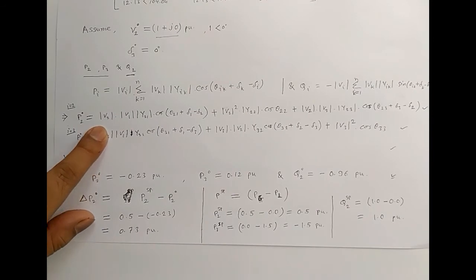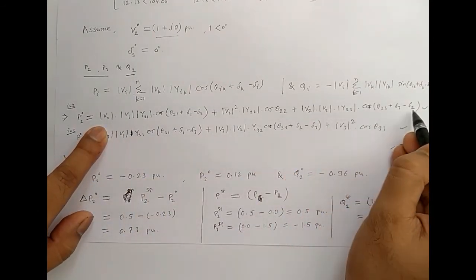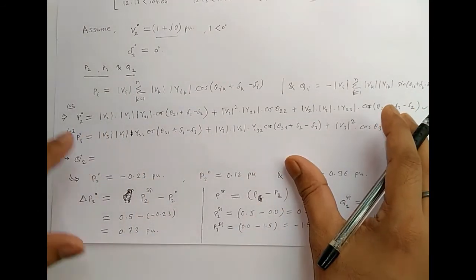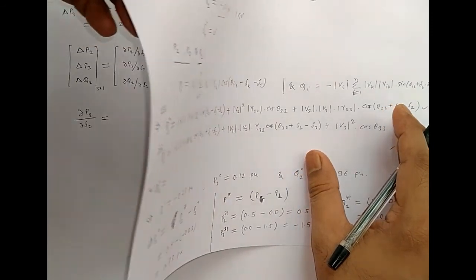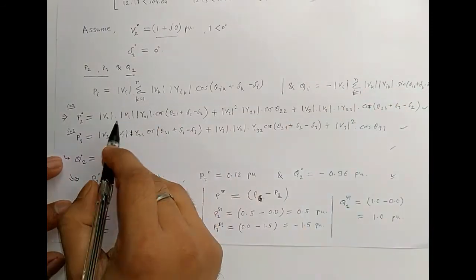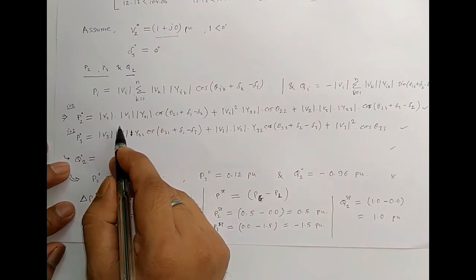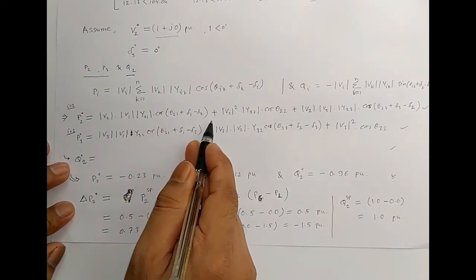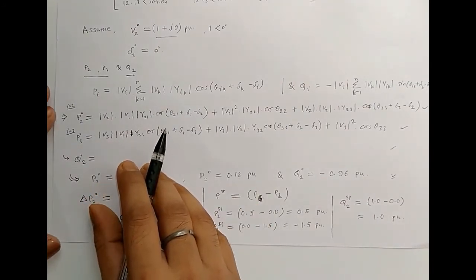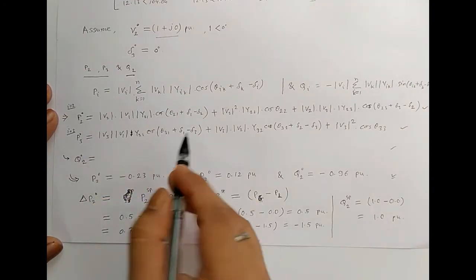So we have to differentiate this equation with respect to delta 2, and we have to consider the other terms as constant, as we know in partial differentiation.